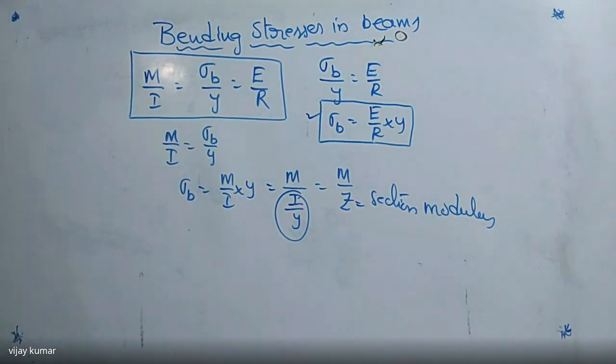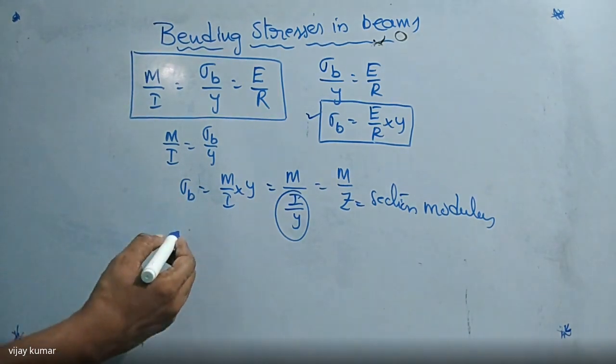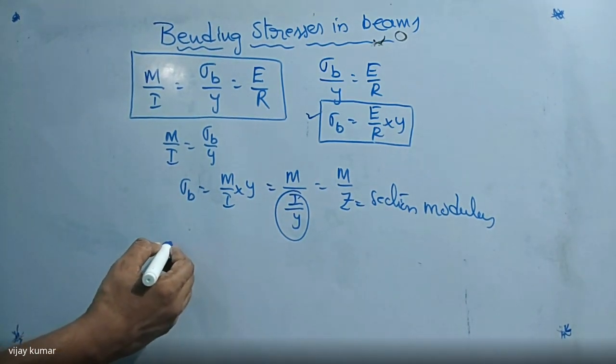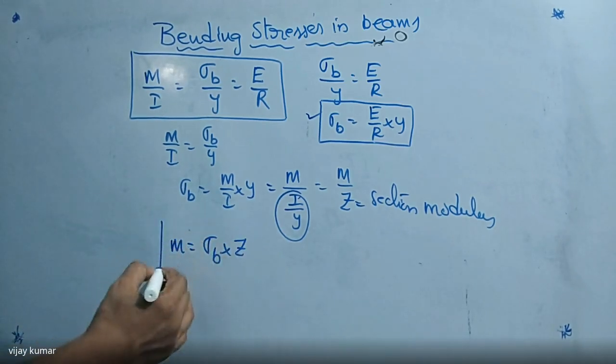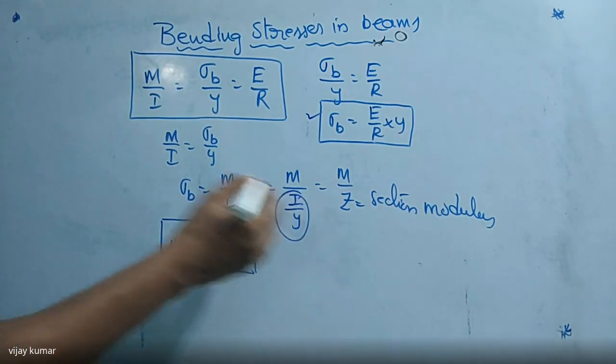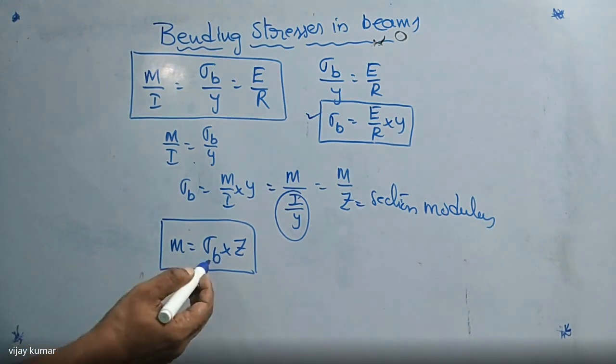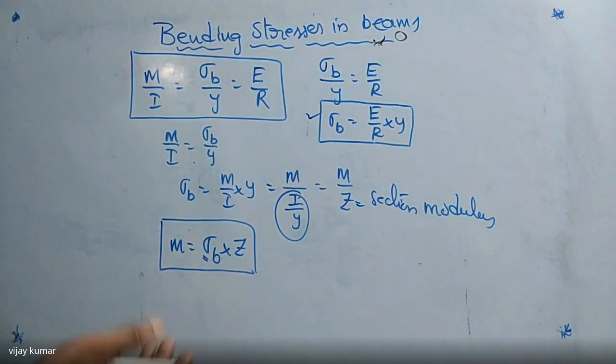So simply I can write like this: M is equal to sigma B into Z. This is the relation I can use. So here sigma B, what is the bending stress? Bending stress for different materials. We are using two types of materials, ductile material and brittle material.